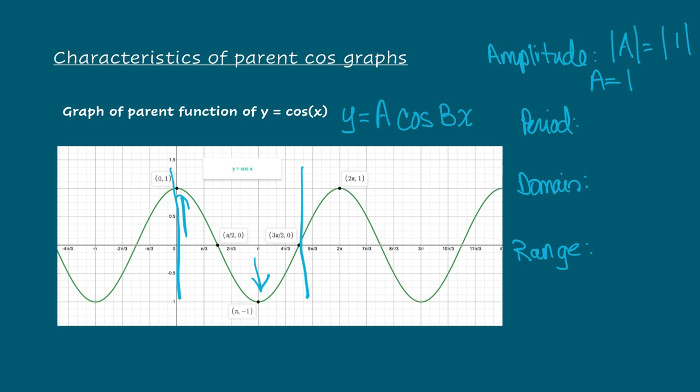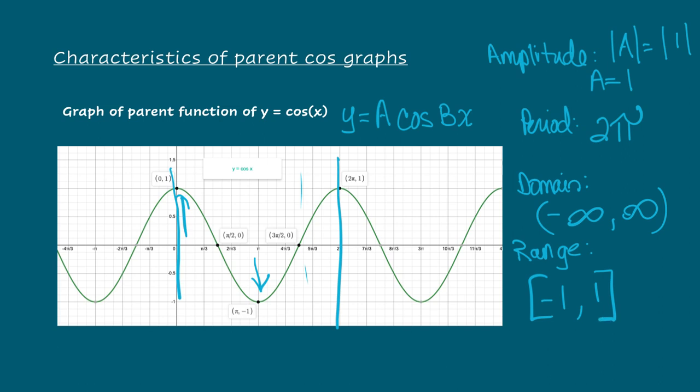Whoops, I drew my line in the wrong spot. My fault. Right here is where I meant to go. Period is 2 pi. My domain, again, is -infinity to infinity. And my range is -1 to 1.